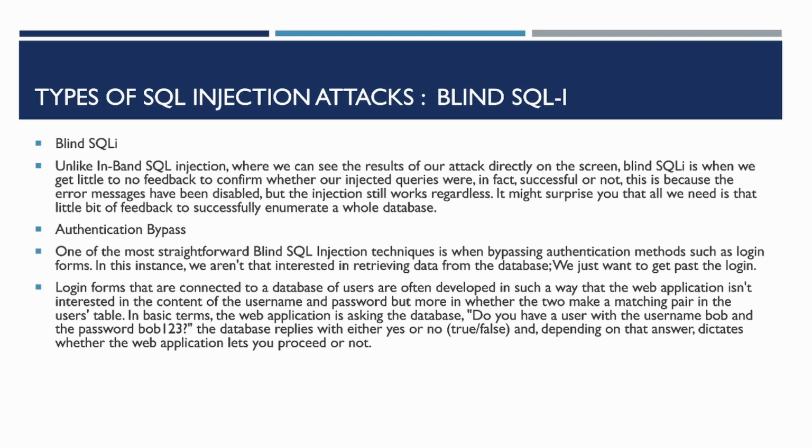In basic terms, the web application is asking the database, do you have a user with the username of this and a password that belongs to this? The database replies with a yes or no, true or false, and depending on the answer dictates whether the web application lets you proceed or not. So in other words, you can trick the system even though you don't have the username and password.